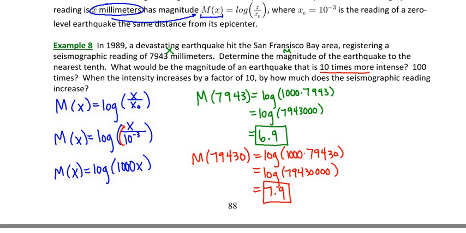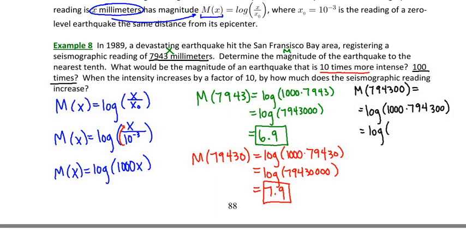Now, let's find the magnitude of an earthquake that's 100 times more intense than this one that measured 7,943 millimeters on the seismograph. So we want to find M of 7,943 times 100, or 794,300 millimeters. So plugging this into our function, that's going to be log of 1,000 times 794,300.